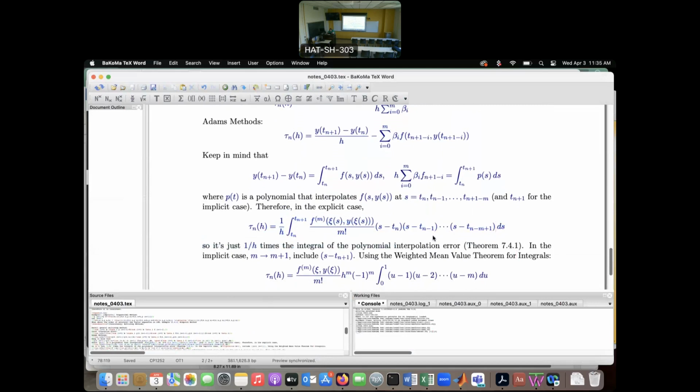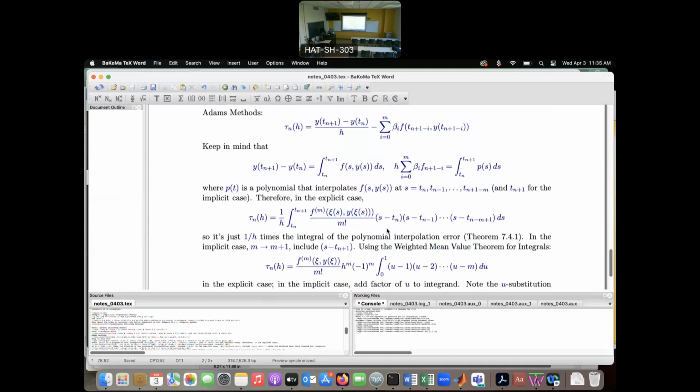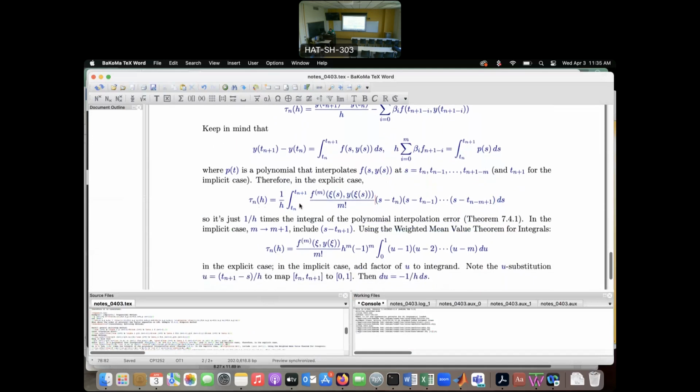Because then what we can do is use what's called the weighted mean value theorem for integrals. What I can do is this expression here never changes sign, because s goes from t_n to t_{n+1}.